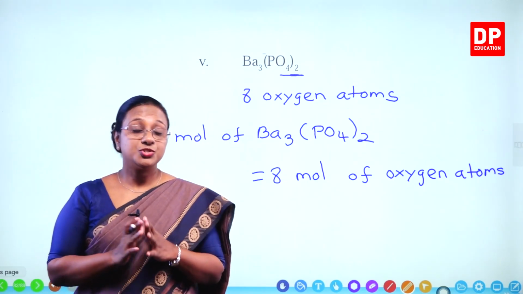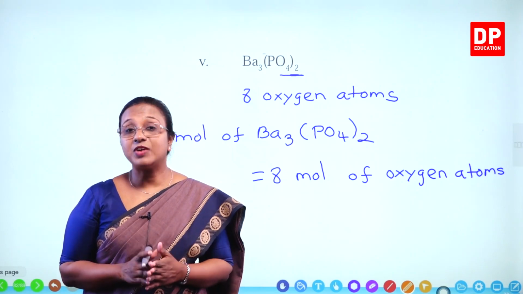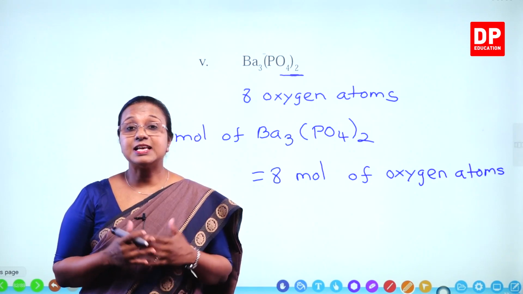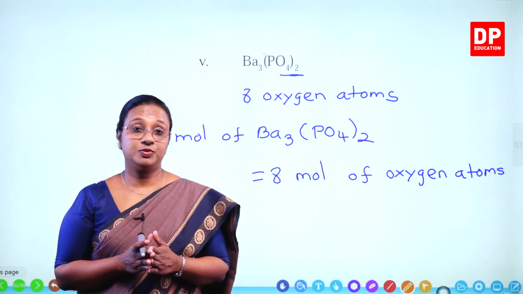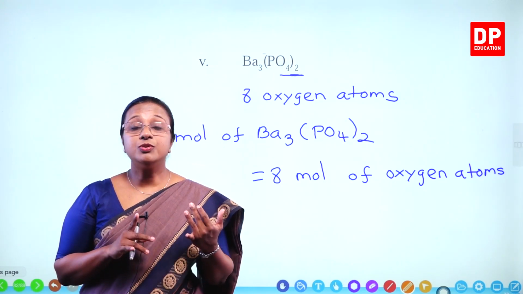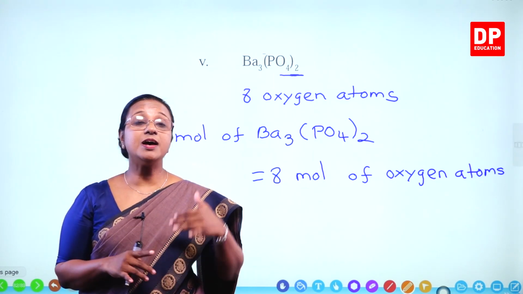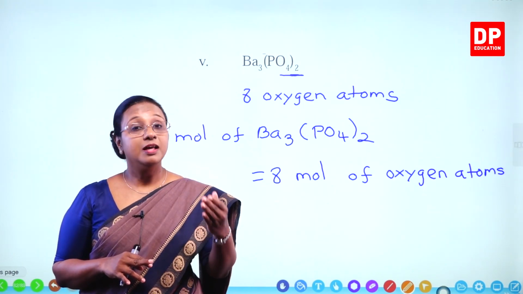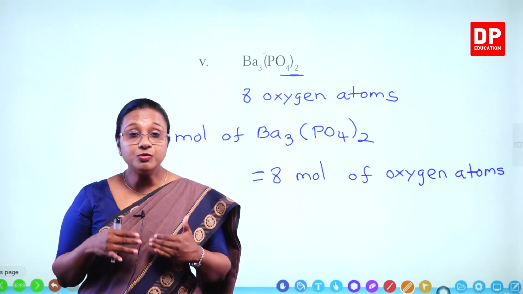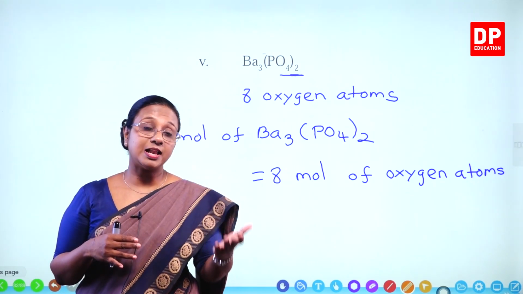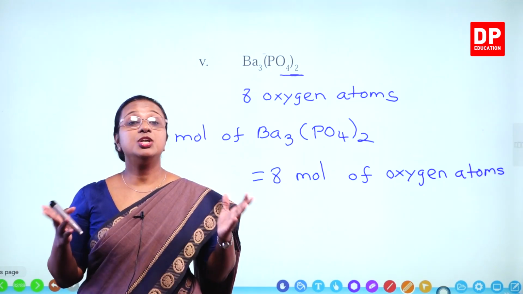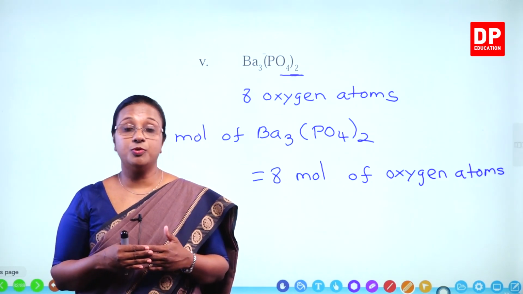Yes. So students, with that, I have come to the end of discussion on the exercise given in your textbook. So now you know to calculate different things. You know if you are given the chemical formula, you know to calculate the relative molecular mass or the molar mass. Then using the chemical formula and calculating the molar mass, if you are given a sample with its mass, you can calculate the number of moles.